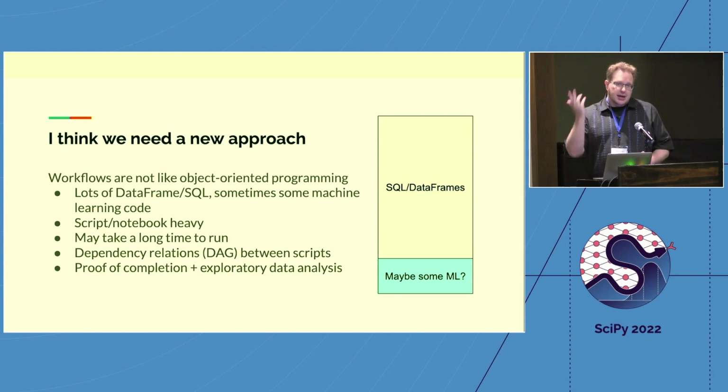It may take a long time to run a process. You may have hour-long SQL queries. Perhaps you can look over a much smaller subset of data to see if that runs, but that might not always be the case. And so it's very difficult to be able to test and check. Your data processes may have some dependency relationship between things. You'll have a DAG between scripts, and that's a very critical part of your infrastructure.